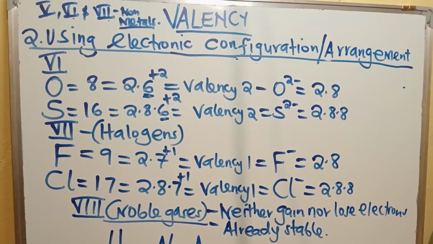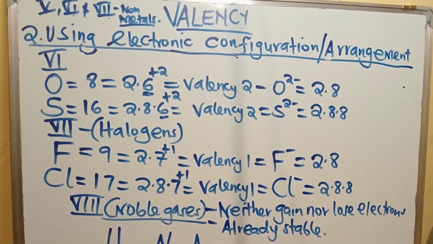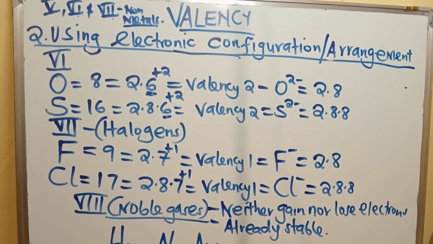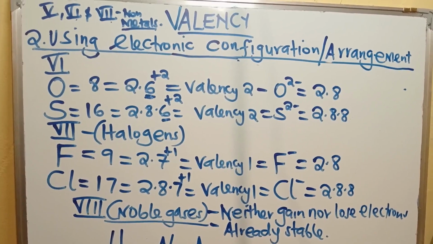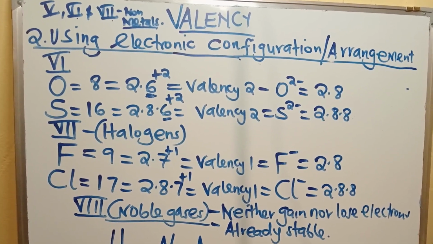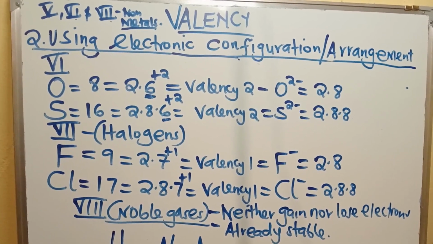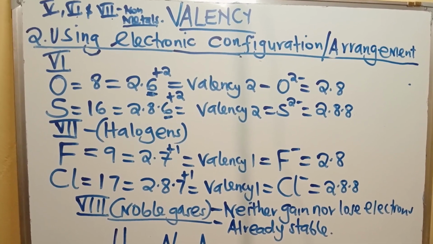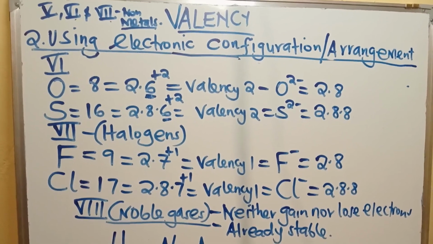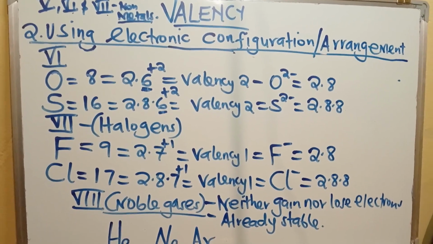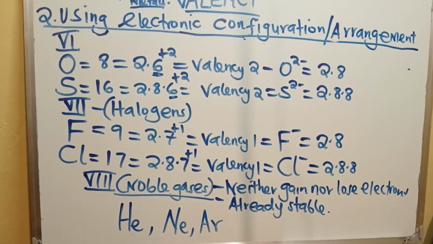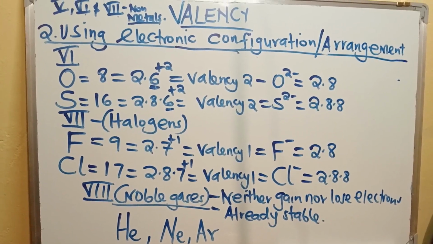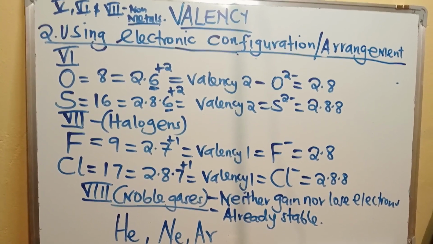So the letters that you are provided with are the same letters that you're supposed to use whenever you're writing formulas of different compounds, whenever you're writing well-balanced chemical equations. So now that only letters have been provided, and those letters are unknown letters, they are just there to represent the actual symbols for the elements provided. How will you use them and know the valencies that they have, and so end up writing correct chemical equations?